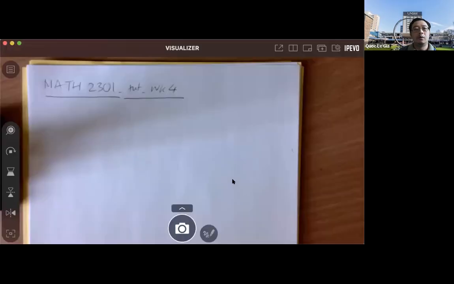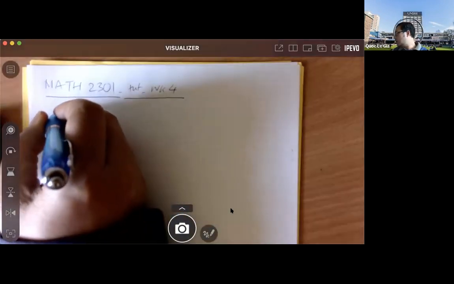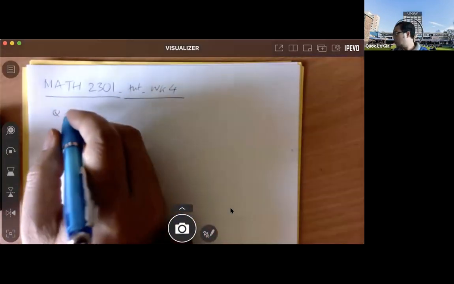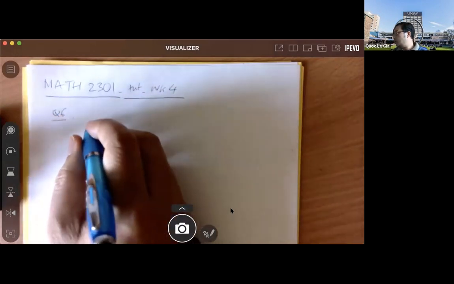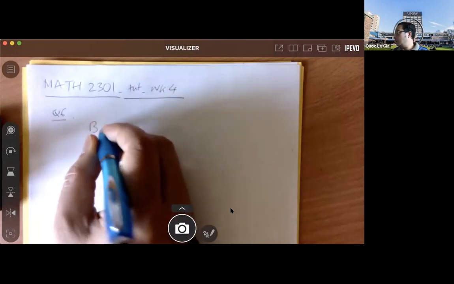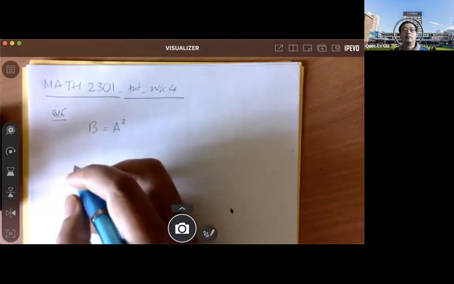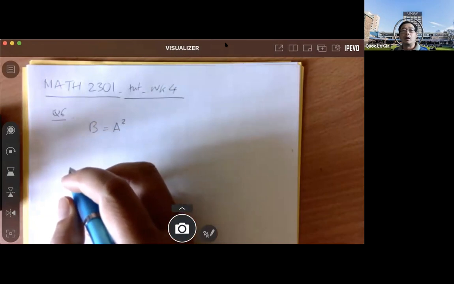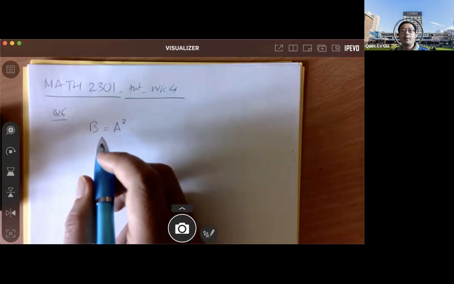So this is question number 6. So if you compute B equal A squared, right? Then how many floating operations?